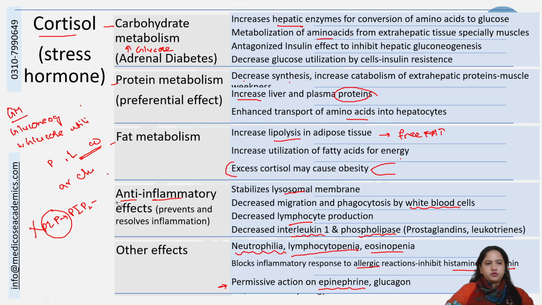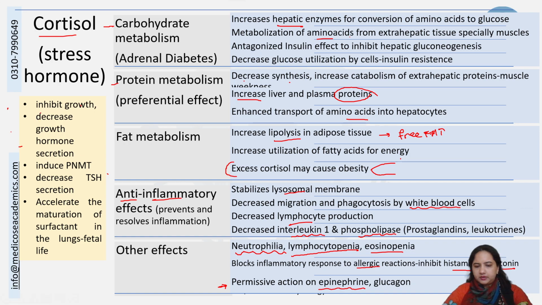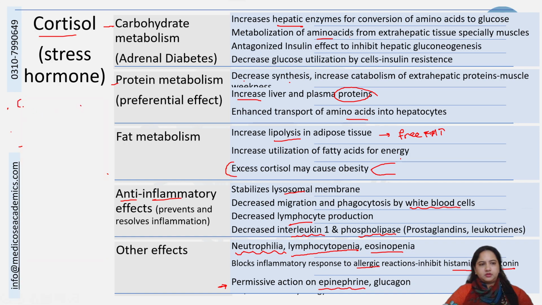I hope it's clear. So if you know the functions of these hormones, you can now guess what will happen if cortisol is in excess or deficiency. Let's have a look. If cortisol is in excess, blood glucose, you might guess, will increase.